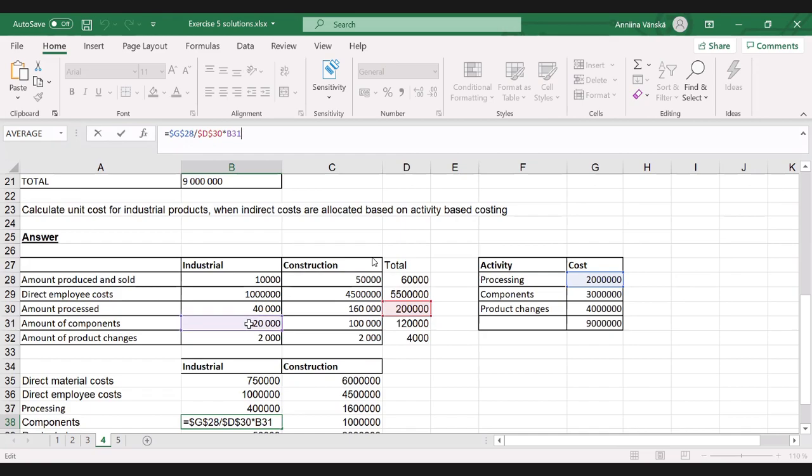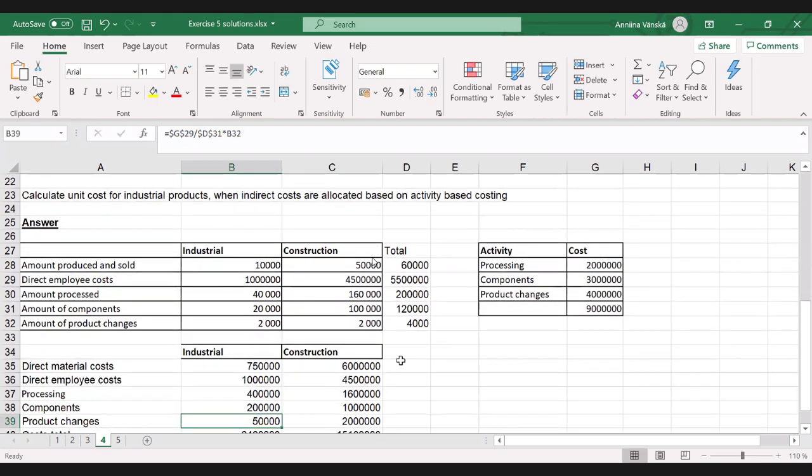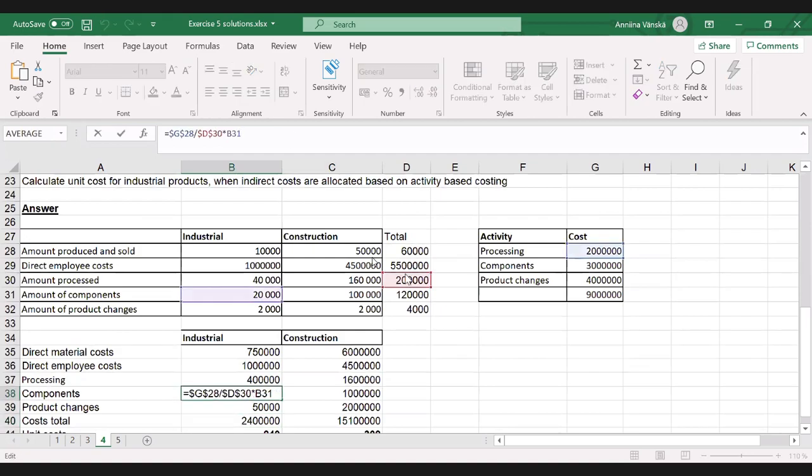So their share, and from the... so why are we still using the processing and not the components? Let me double check. I think this should be from here. Yeah. So what is the industrial share of the components total, and what is then the components cost?